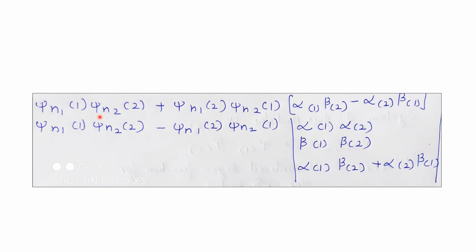The acceptable combinations are psi n11 psi n22 plus psi n12 psi n21 into alpha 1 beta 2 minus alpha 2 beta 1.